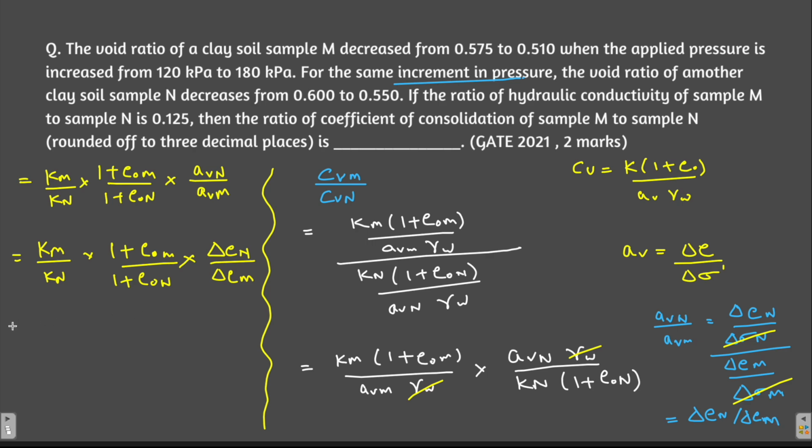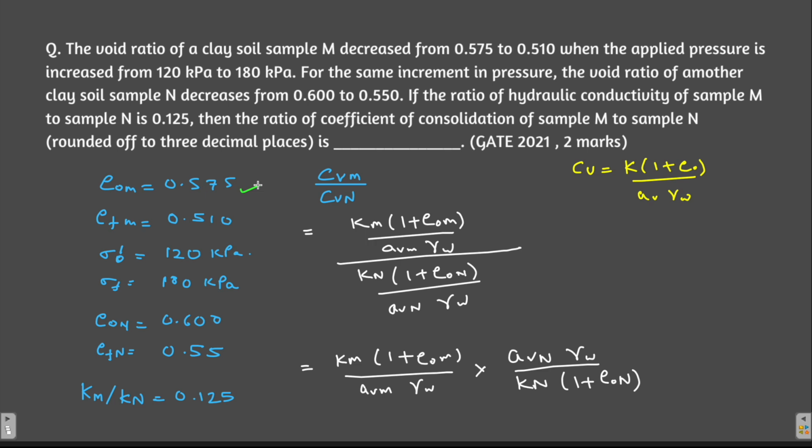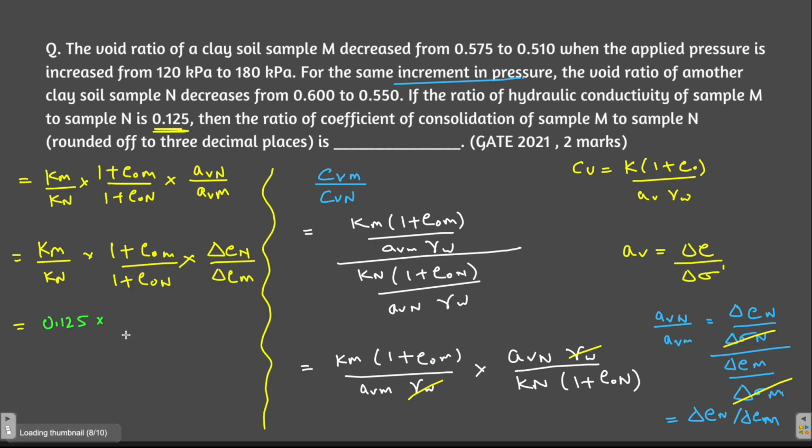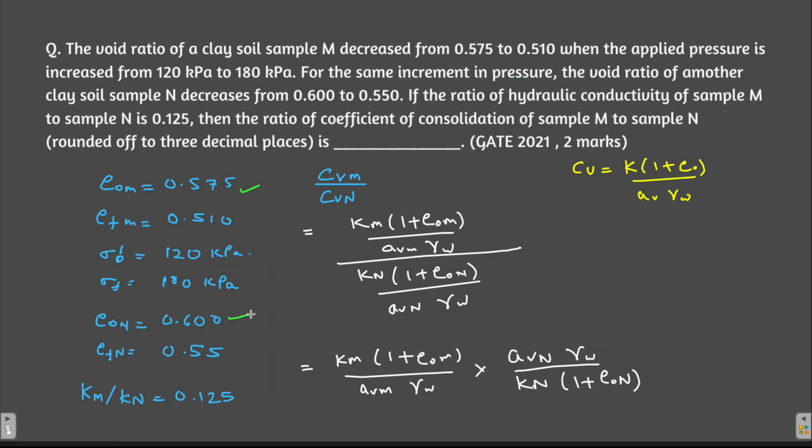Now in the question it is given that the hydraulic conductivity of sample M to sample N is 0.125. So the first term Km to Kn is given as 0.125. Now what is e naught M? e naught M is 0.575, right? So I'll be writing 1 plus 0.575 by 1 plus e naught N, which is 0.6.